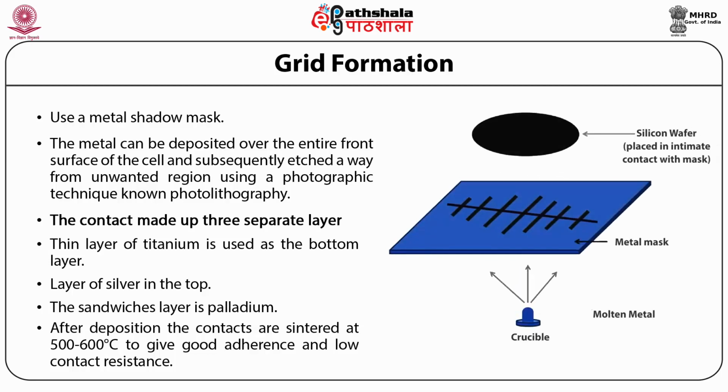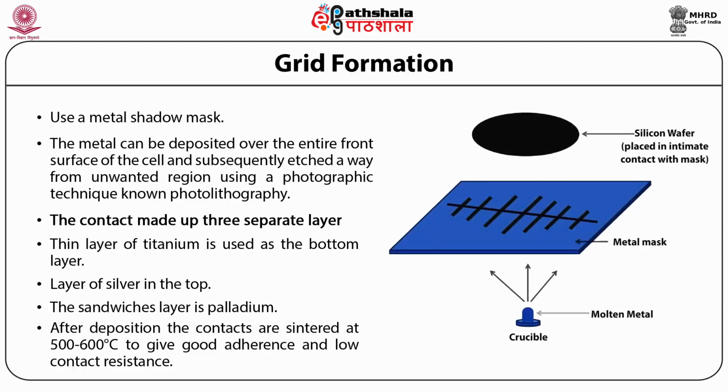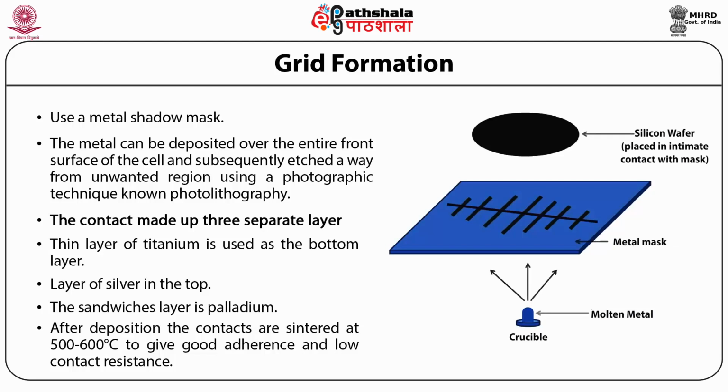So first of all, a thin layer of titanium is deposited on the N layer of silicon, which gives a good adherence to silicon. After that, a layer of palladium is deposited, and at the end, a layer of silver is deposited on the front of the solar cell.